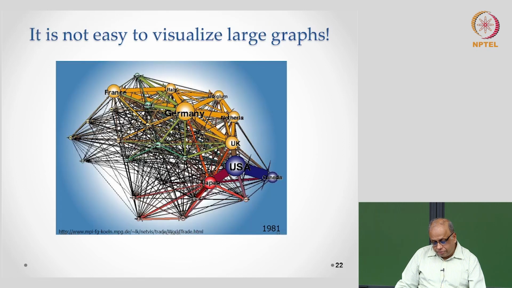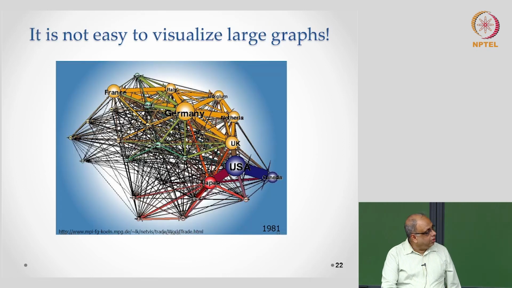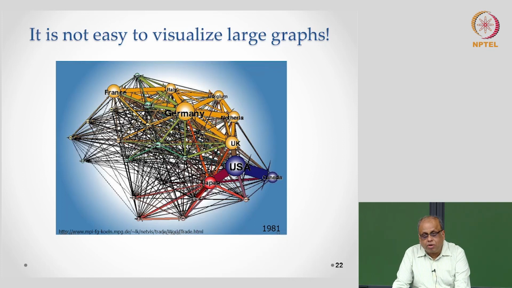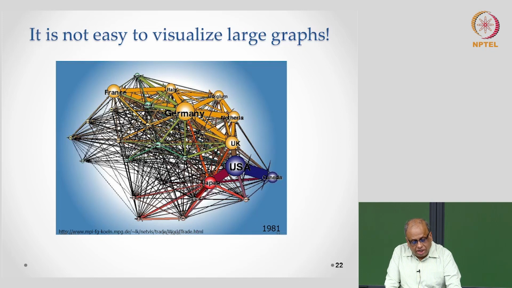You can see that we showed a good graph layout, and this is a bad graph layout. If the number of nodes increases, it is not easy to visualize a large graph. All the things that Shneiderman had mentioned are not applicable here. We see that a lot of the nodes are not visible.